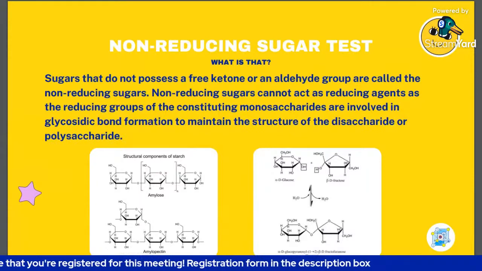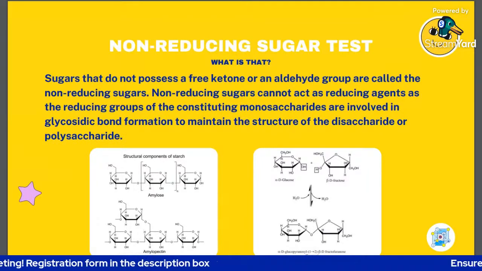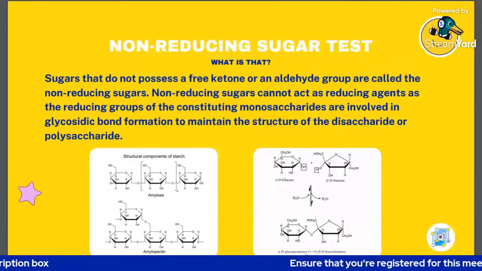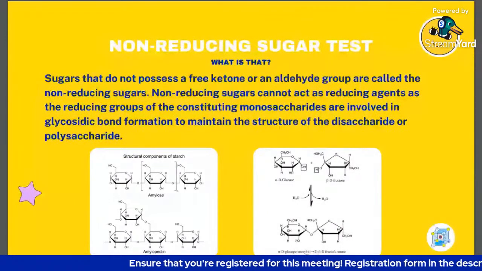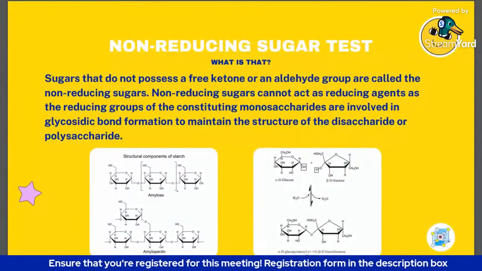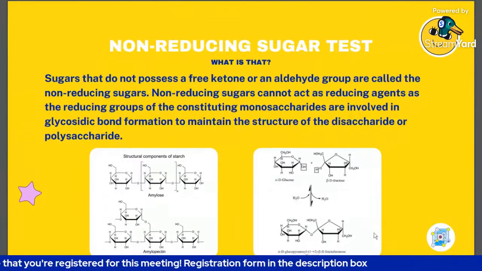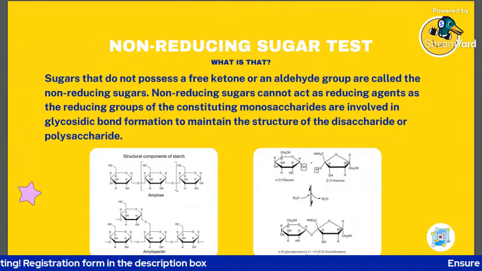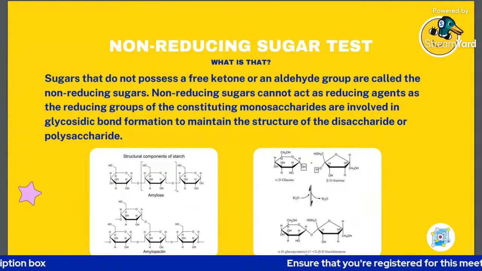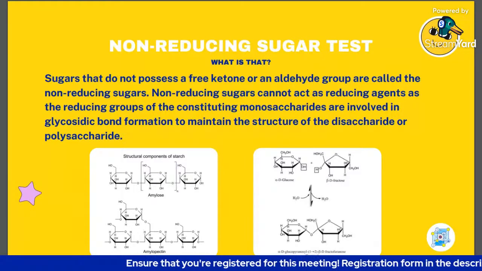So compared to a monosaccharide, where we know it's just one unit of sugar, its aldehyde group is not bonded to anything, it is free, so it can easily act as a reducing agent. But for most disaccharides and polysaccharides, the reducing groups are involved in glycosidic bond formation.